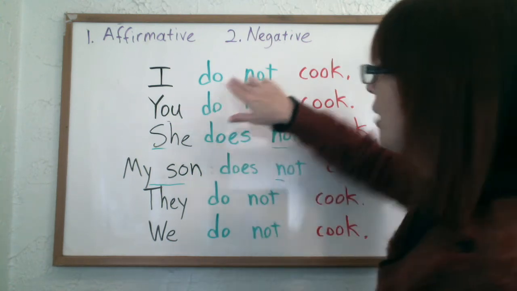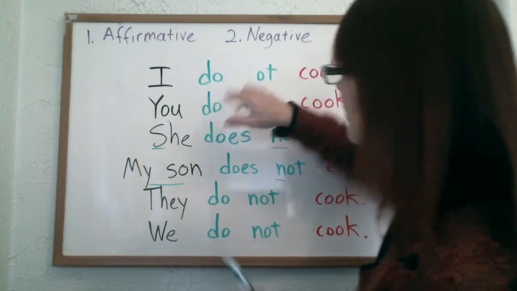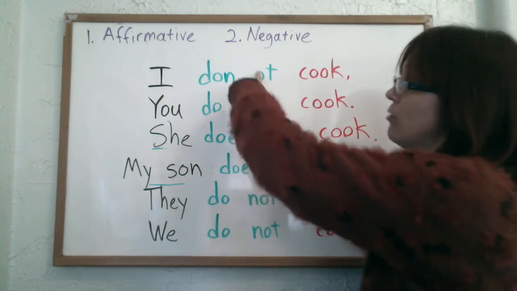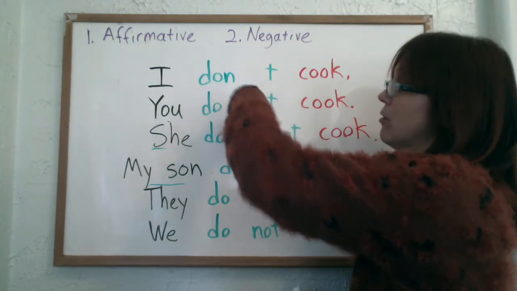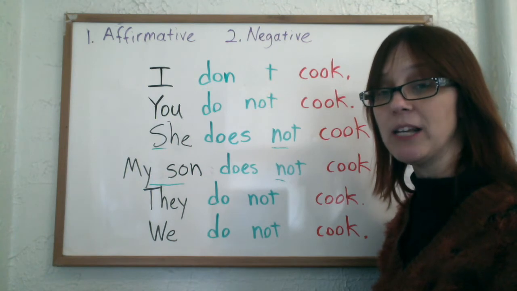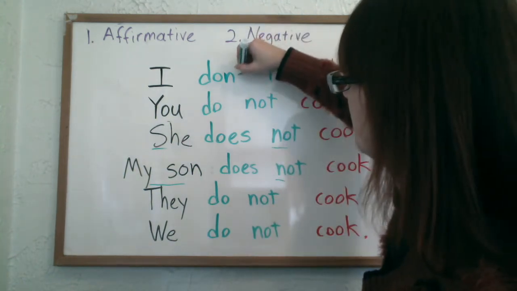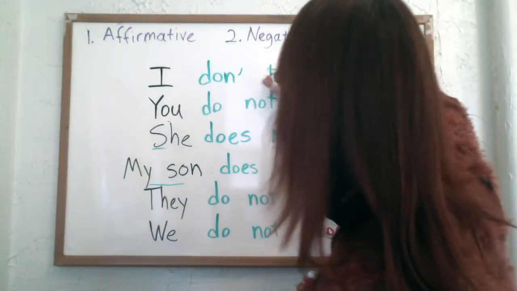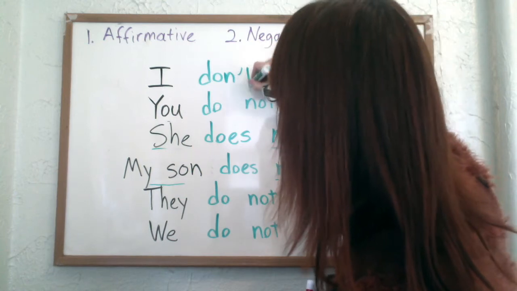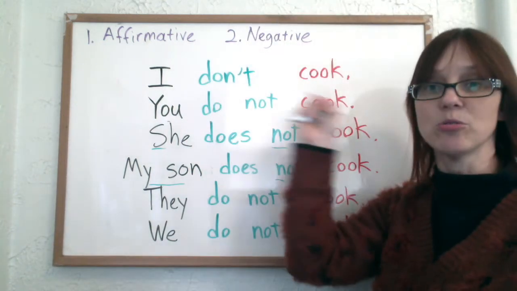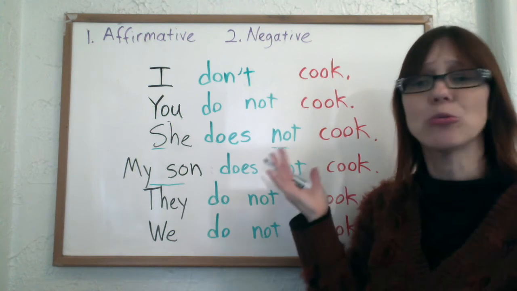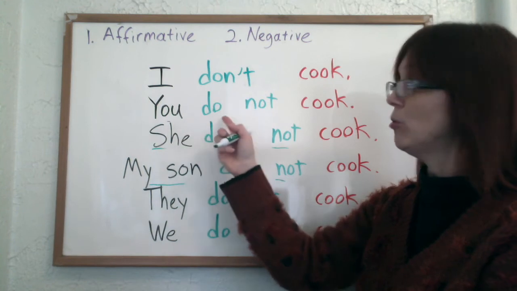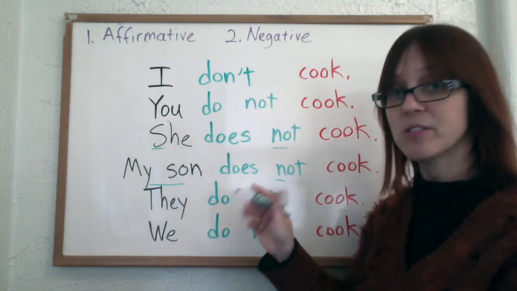So I move the N over here, erase the O, and replace it with an apostrophe, and then move the T. I don't cook. You don't cook. It's the same.